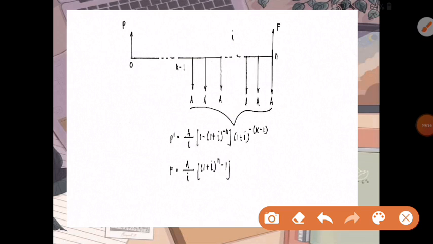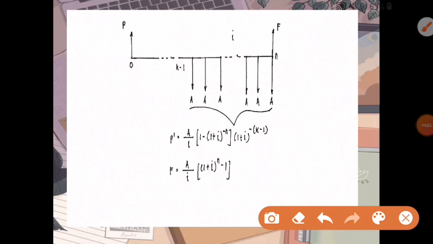This is the formula for the present worth of a deferred annuity where the payment is deferred for K periods. P prime is equal to A over the interest rate, times 1 minus quantity 1 plus the interest rate raised to the negative n, times 1 plus the interest rate to the power of negative K minus 1.